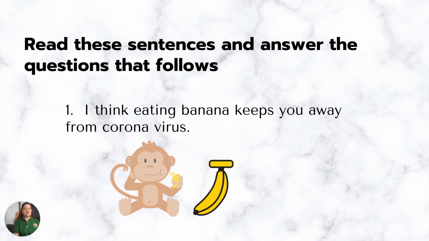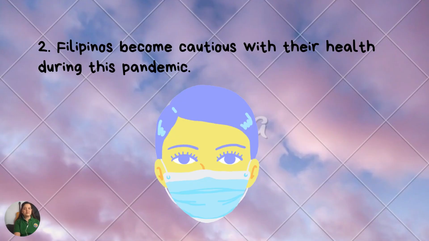Now, let's read these sentences and answer the questions that follow. Number 1, I think eating banana keeps you away from coronavirus. And number 2, Filipinos become cautious with their health during this pandemic.